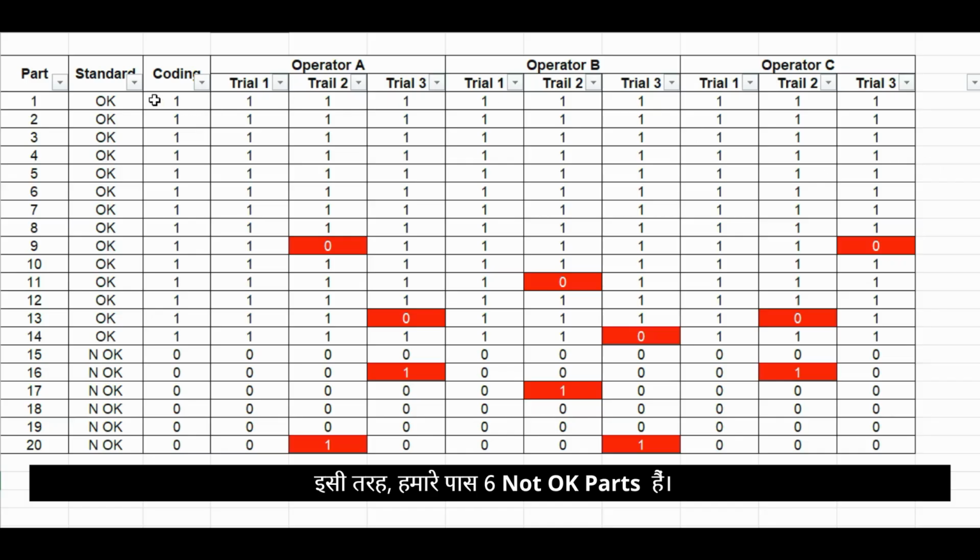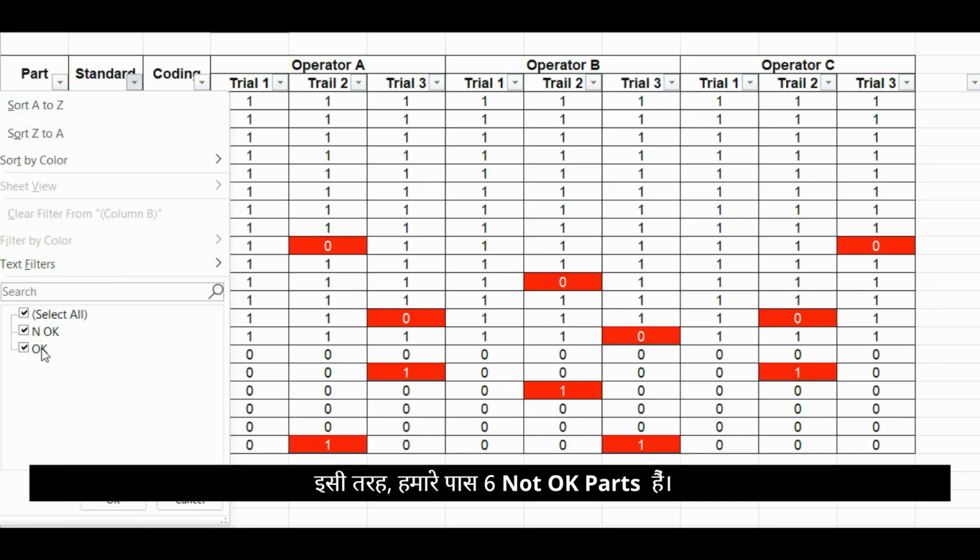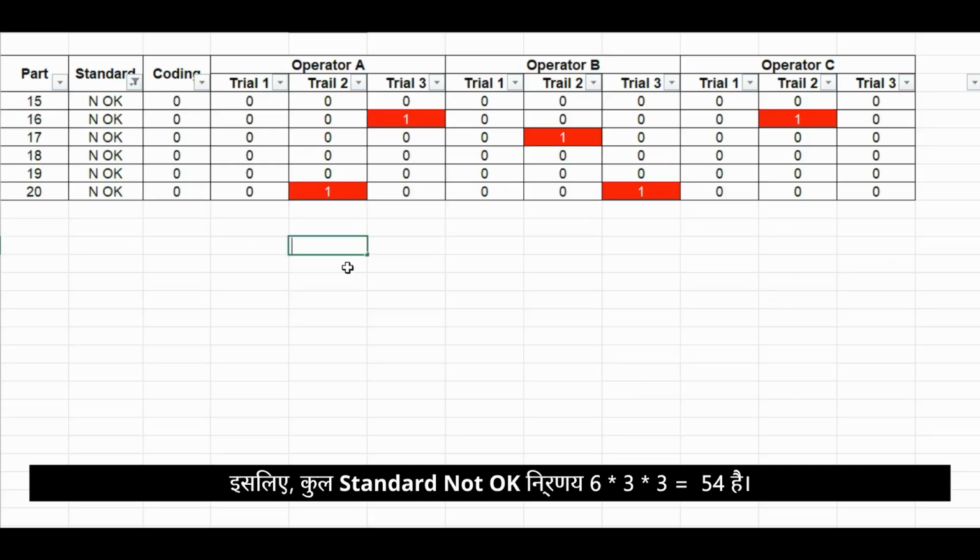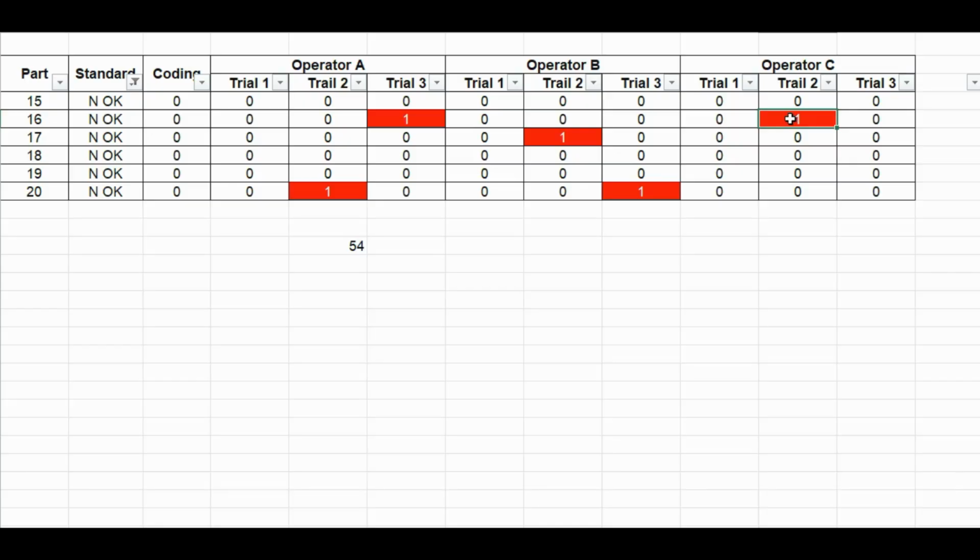Similarly, we have 6 not OK parts. So total not OK decisions as per the standard will be 6 multiplied by 3 multiplied by 3, which is 54. But we have 5 instances where the operator calls a not OK part as OK.